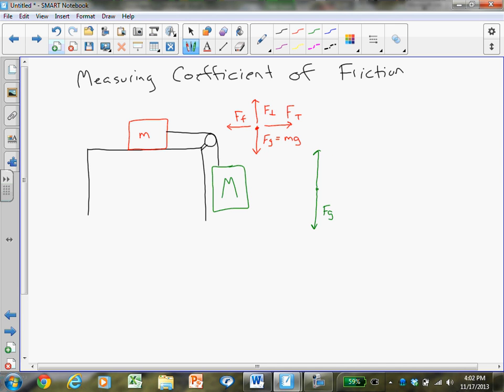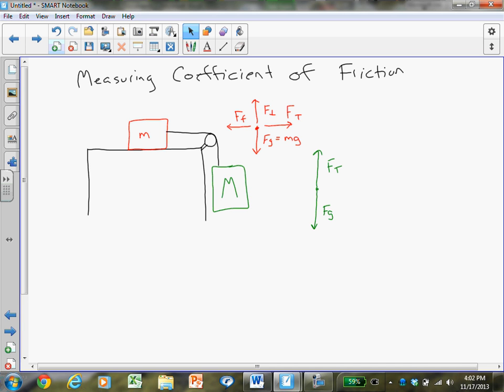and F tension. Now if we get this to just be just before it begins to move, okay, right before it starts to move, Fg is going to approach Ft, so that they become equal. Consider them equal, and we get it to a point where it's just beginning to move.